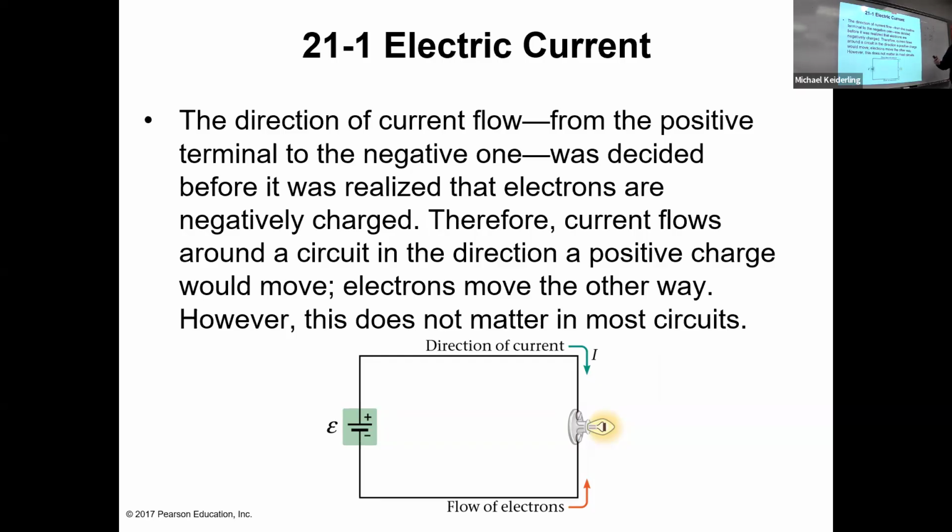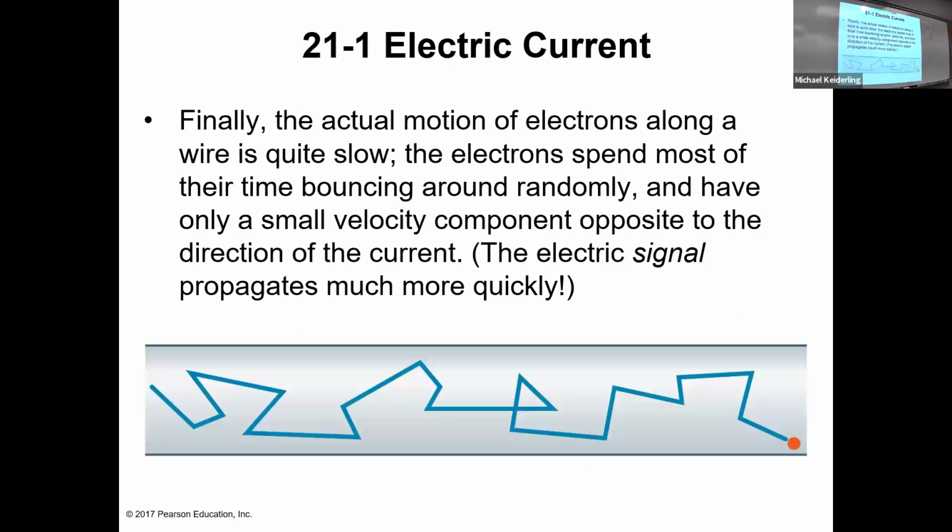Sometimes the actual direction of what's moving matters, but usually it doesn't. I don't think it will matter in any of the lab. For the vast majority of circuits, it doesn't really matter.